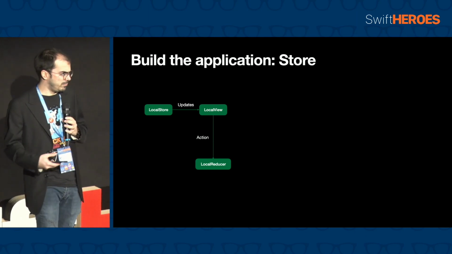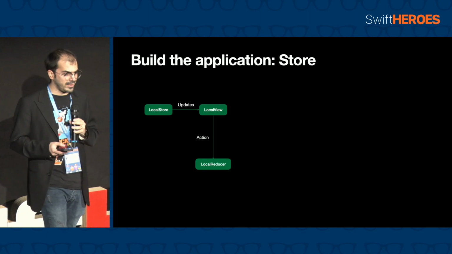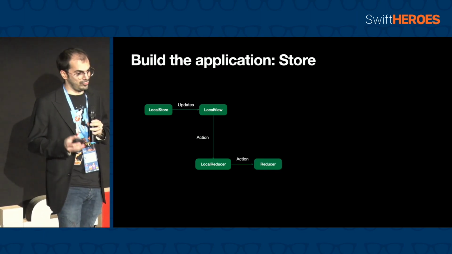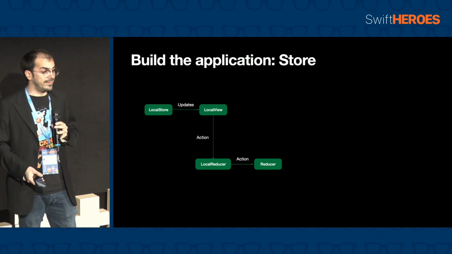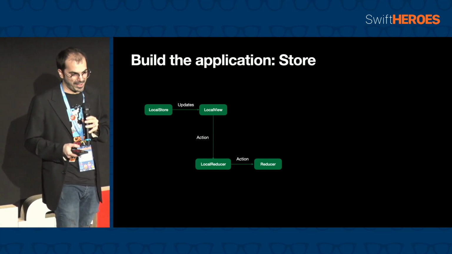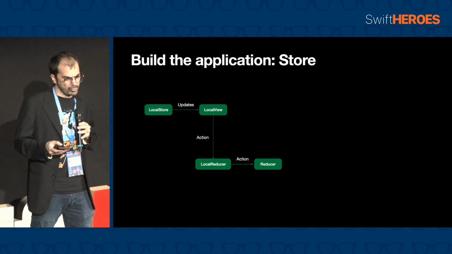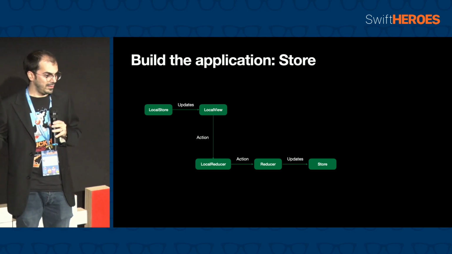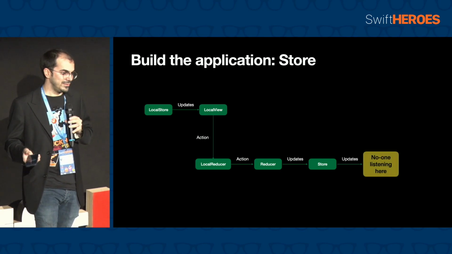But you saw before, in the slide before, the local reducer is defined dispatching an action to the global reducer, and then return the state applying a key path. So when the action is dispatched to the global reducer, the reducer updates the store. And then, if you remember, the store updates the view.